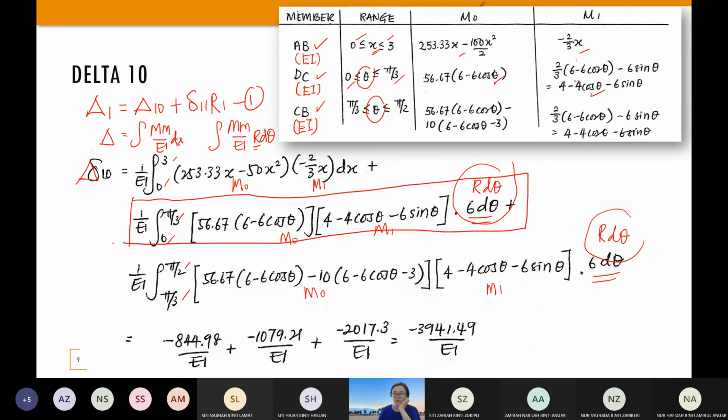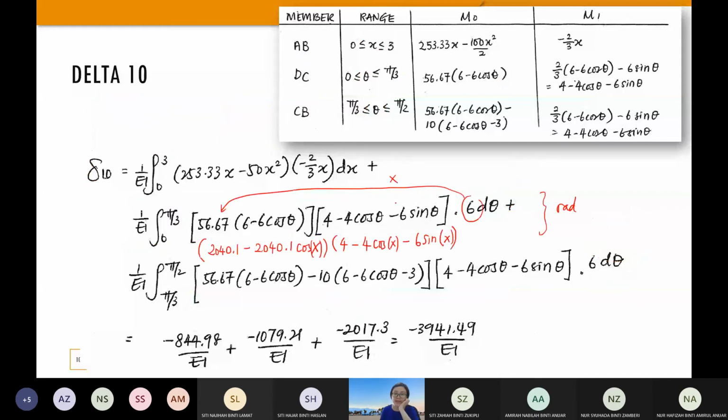So I show you my more detailed expanded equation, where I multiply the 6 with this 56.67, and multiply into this bracket as well. Then I get this statement of equation.